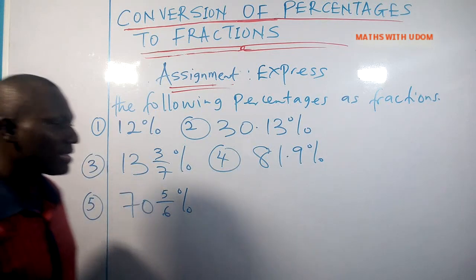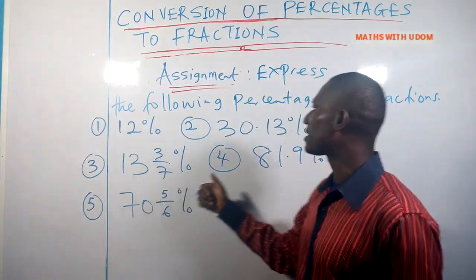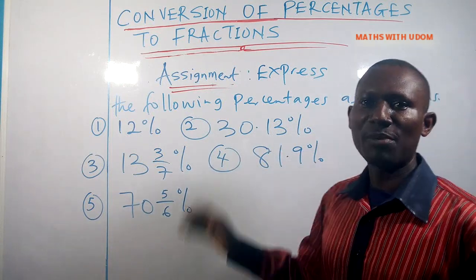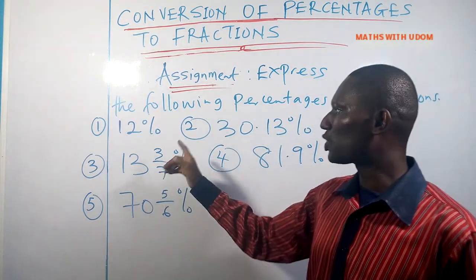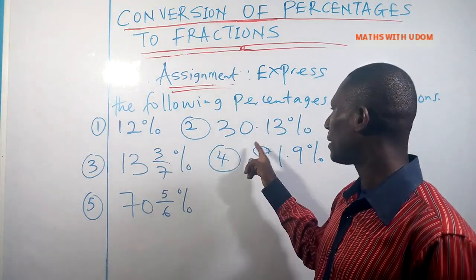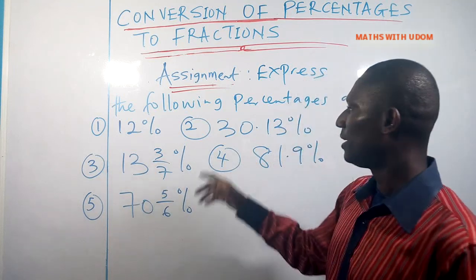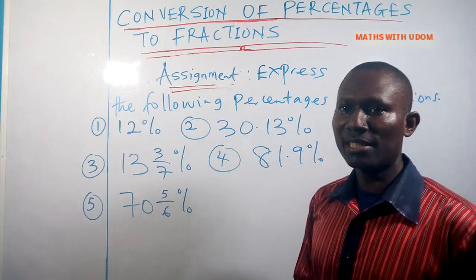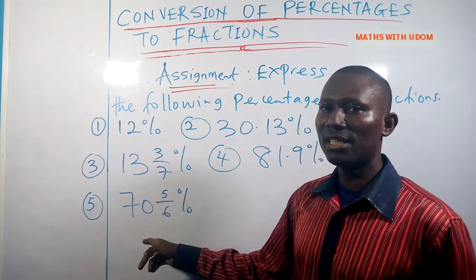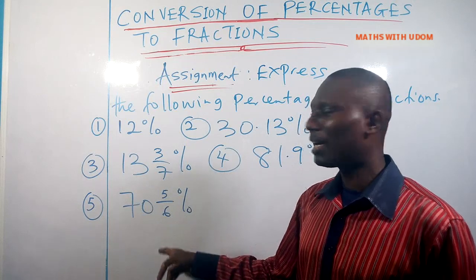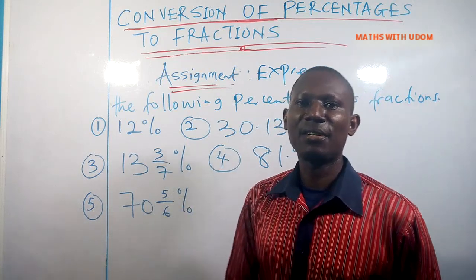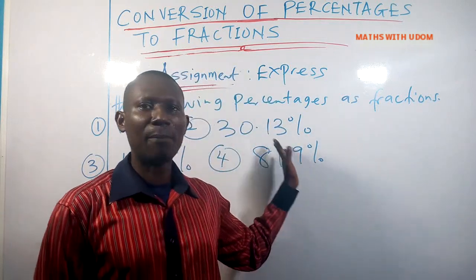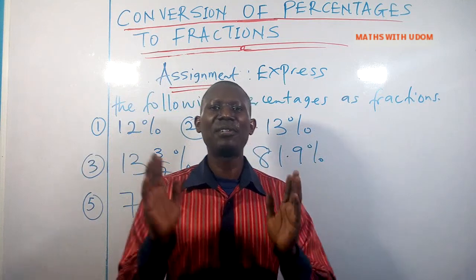It says express the following percentages as fractions. Number 1 is 12%, convert it to fraction. Number 2, 30.13%. 13 whole number, 3 over 7%. 81.9%. And lastly, 70 whole number, 5 over 6%. So you have to convert all this to what? To fractions. They are in percentages. You convert them to fractions.